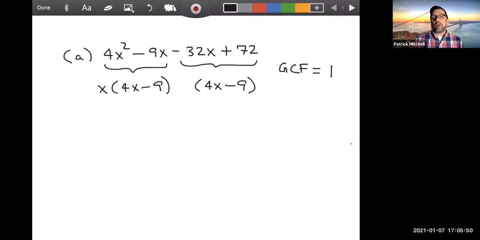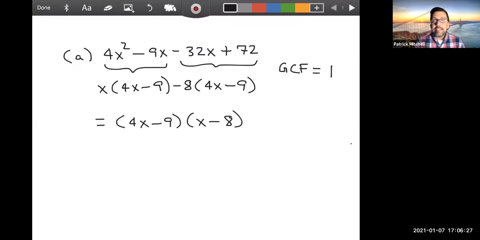What can I pull out of negative 32x plus 72? So that one of the factors is 4x minus 9, it would have to be a negative 8, right? Negative 8 times 4x is negative 32x. Negative 8 times negative 9 is plus 72. So my common factor is 4x minus 9, which would leave me with my other factor, x minus 8.